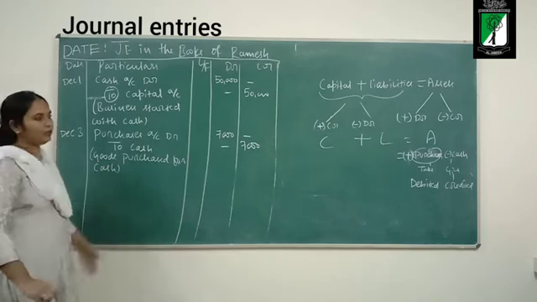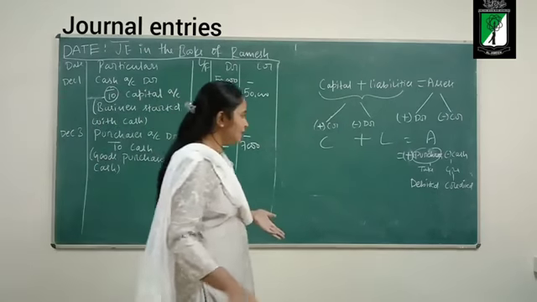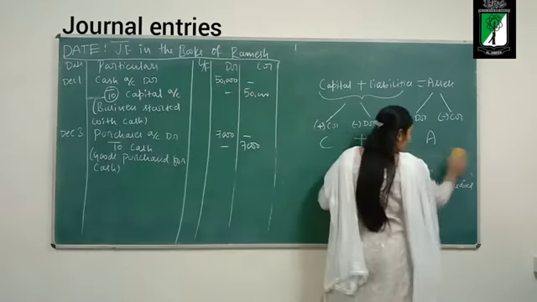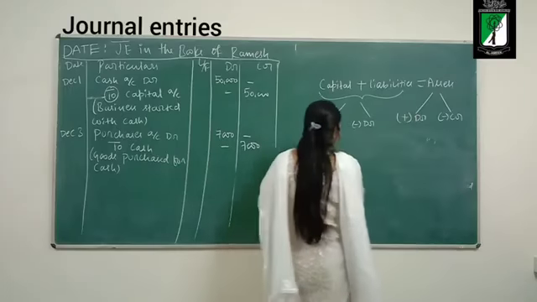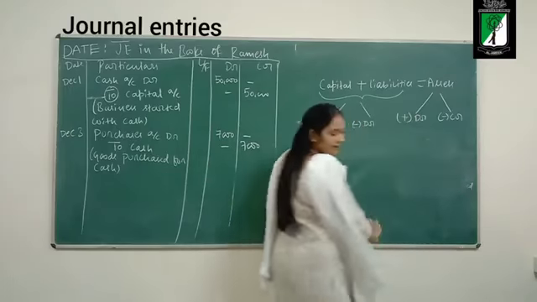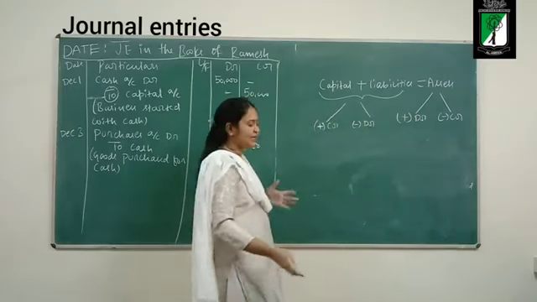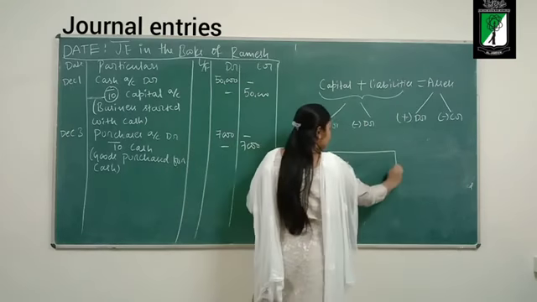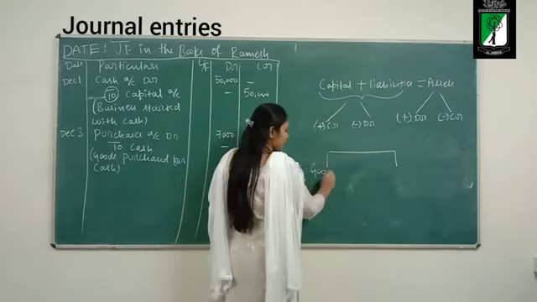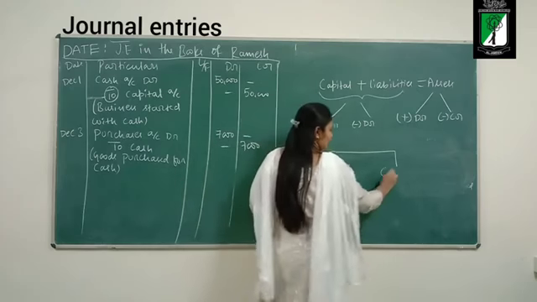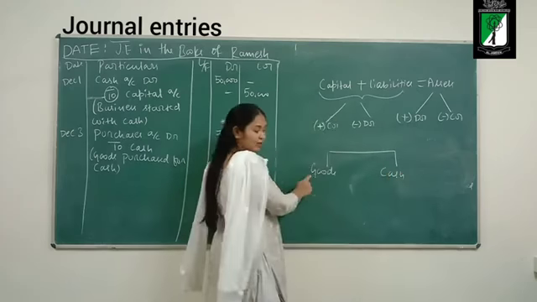And according to the traditional approach, let me solve this. How will we solve? In this transaction, goods are purchased for cash. So what is happening? Goods are coming in, cash is going out. I cannot write goods here.